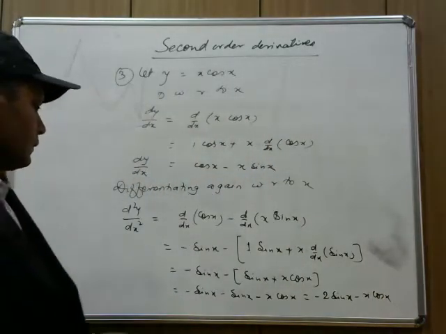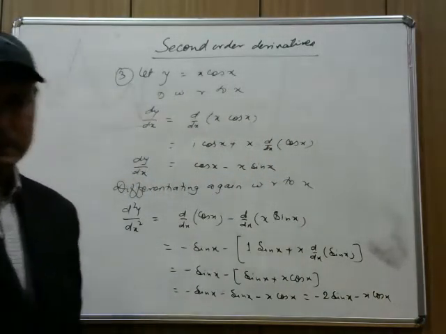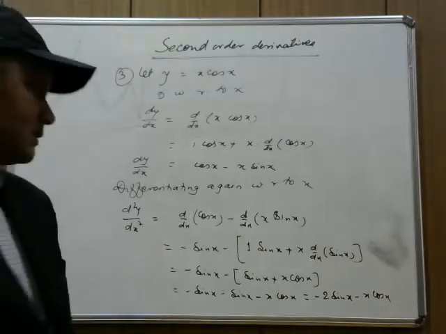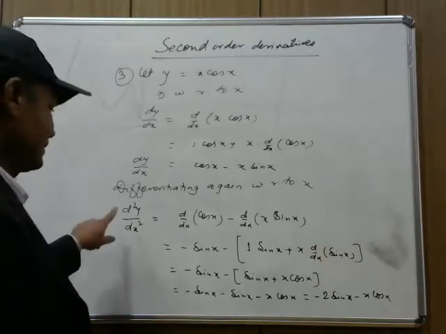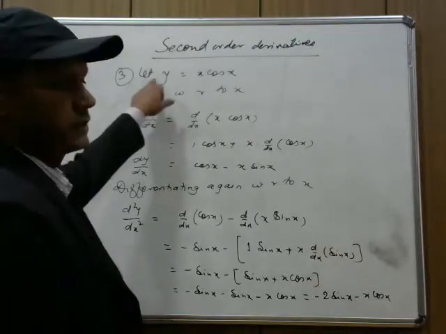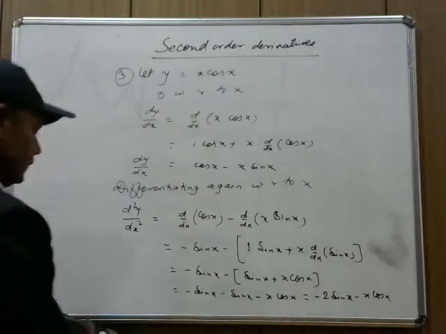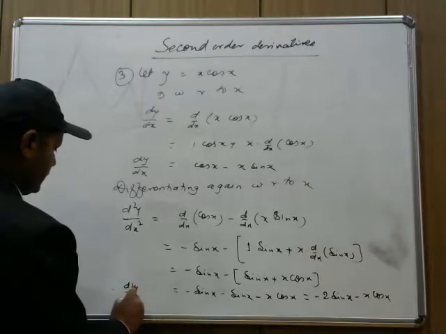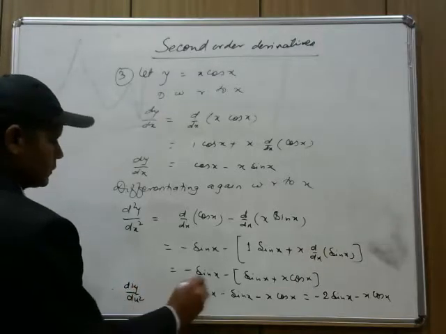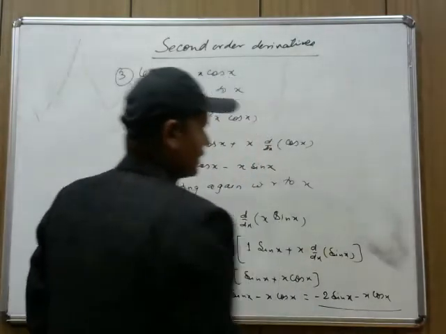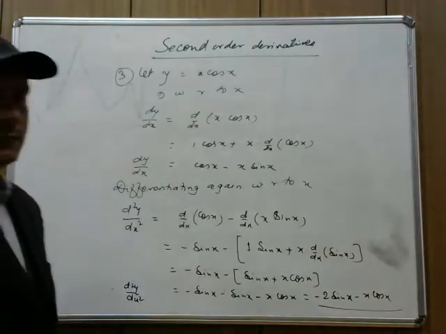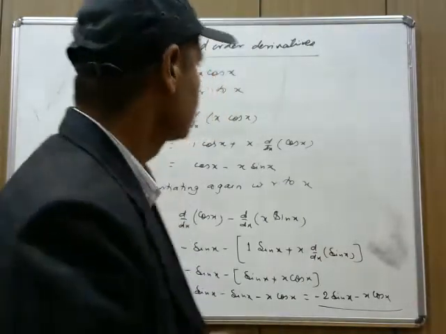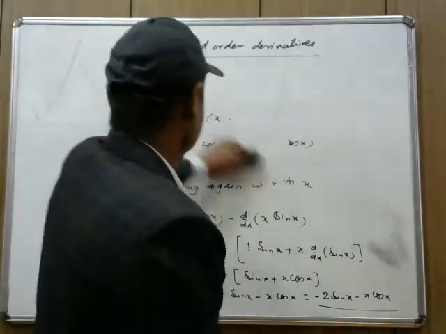So minus 2 sin x minus x cos x is the second order derivative of the given function y is equal to x cos x. The final answer is d2y by dx square is equal to minus 2 sin x minus x cos x, and that will be the answer of this question, right? Now let's see the next question.